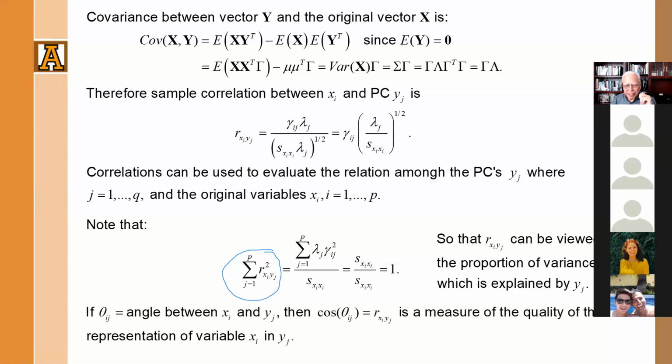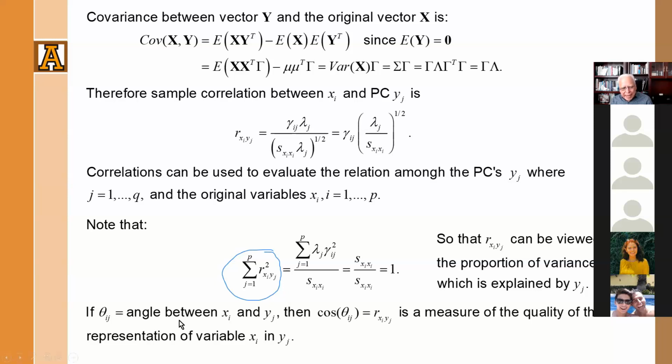And so if theta ij is the angle between, remember, all we're doing is transforming the original space, x1, x2, up to x6, to a different space, which is y1, y2, up to y6. We're rotating the space of the variables, so that now y1 explains most of the variability. When you look at two of them, the jth component and the ith variable, these are just vectors.